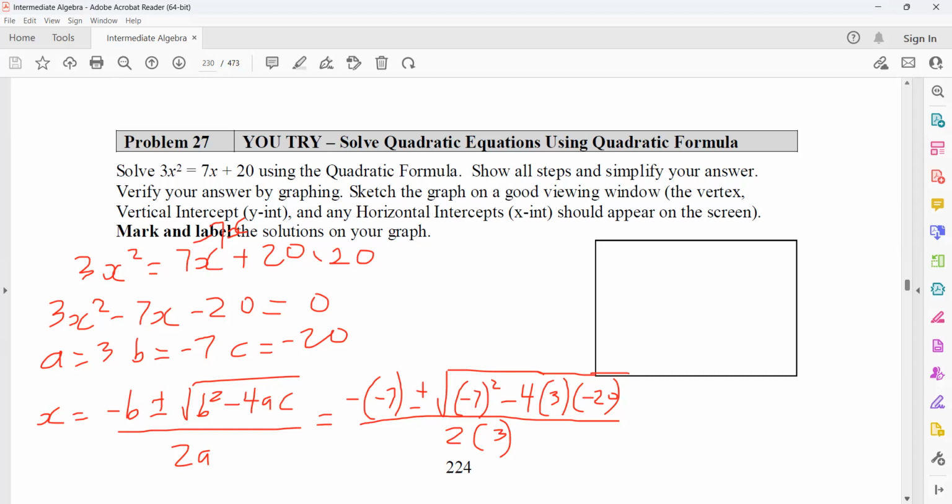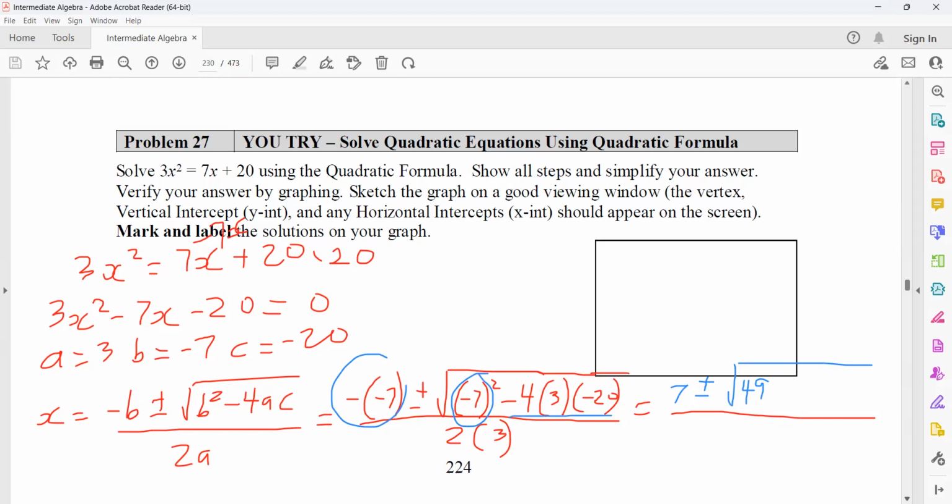So we are going to have negative 7 times negative 7. Negative times negative 7 is positive, so 7 plus or minus. Negative 7 times negative 7 is going to be 49. Negative 4 times 3 is negative 12.